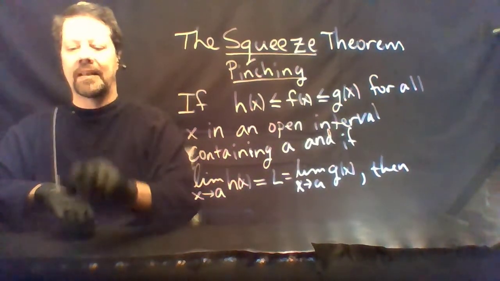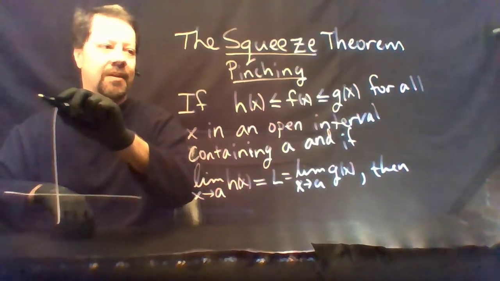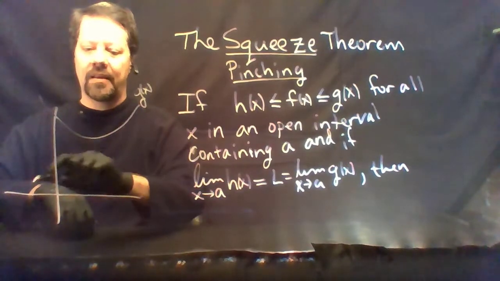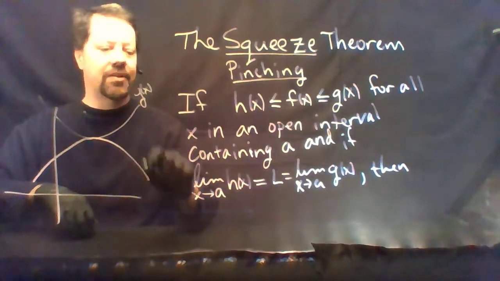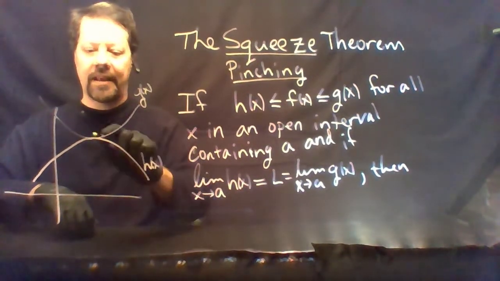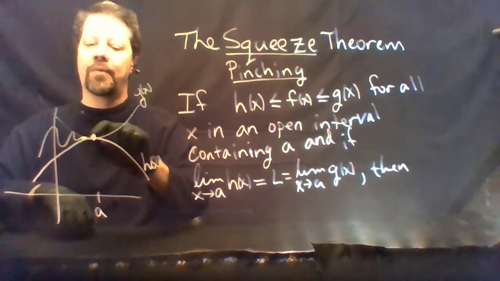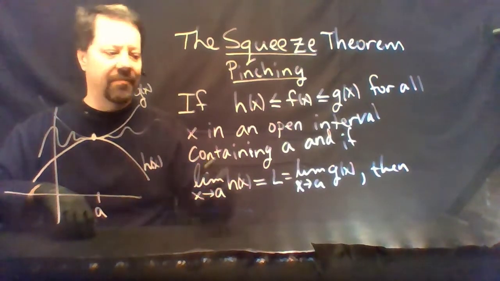The picture being like this. Suppose g is up here, and h is here. They have the same limit at a. And suppose that f wanders around inside.